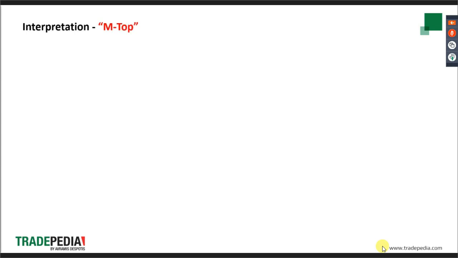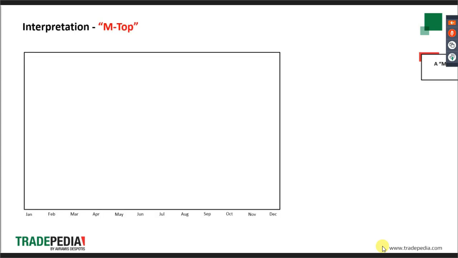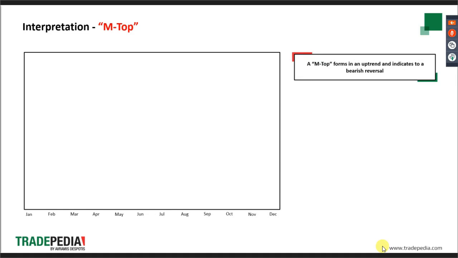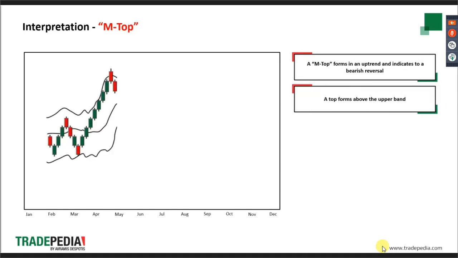Another, opposite interpretation is the M top. The M top is formed in an upward trend, so the market is making higher highs, higher lows. This is where the first part of the M is created, above the upper band.